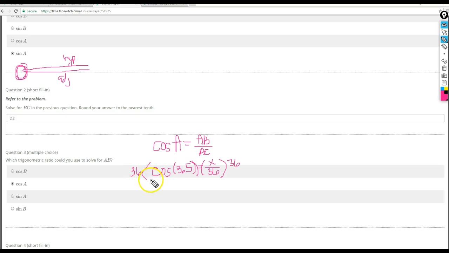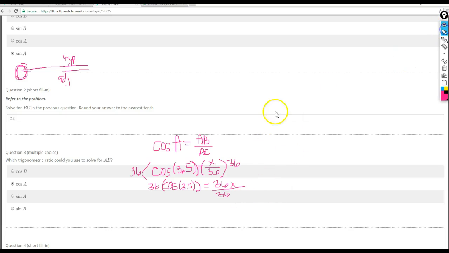Then we have 36 times the cosine of 3.5 is equal to x divided by 36 times 36, which is 36x divided by 36.